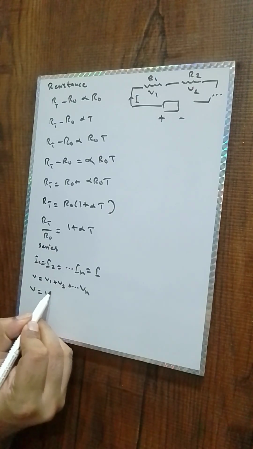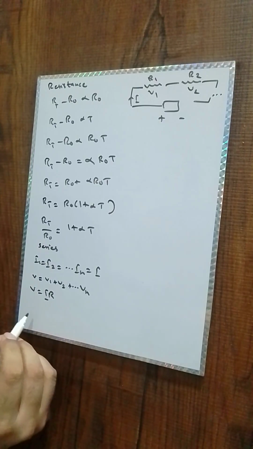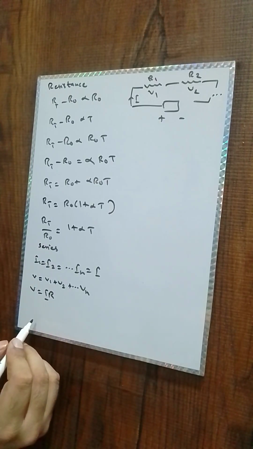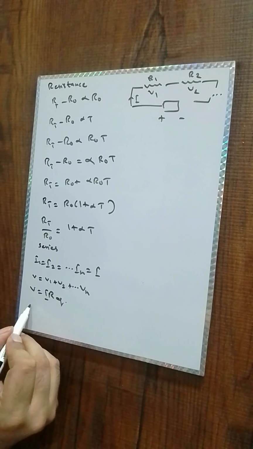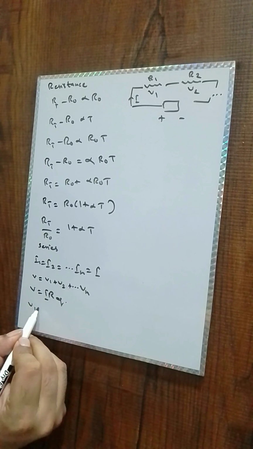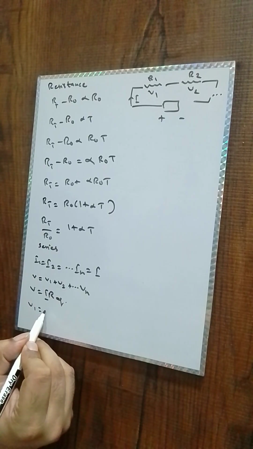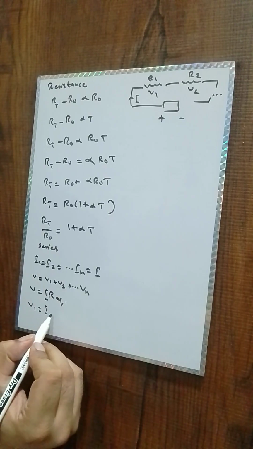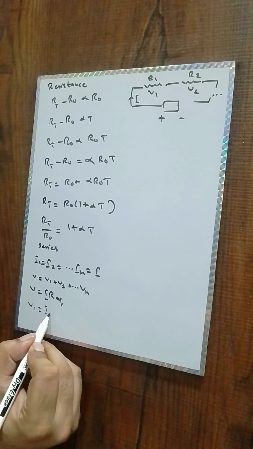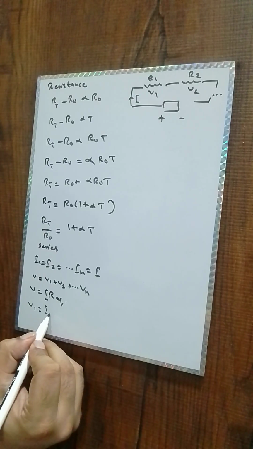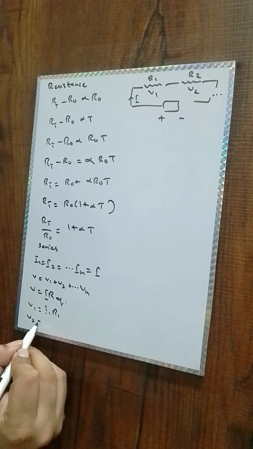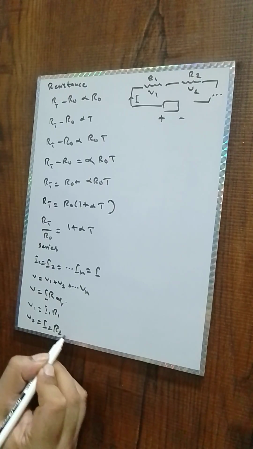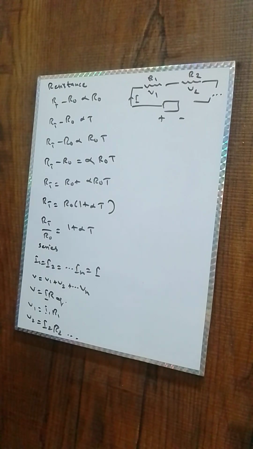And we know that V is equal to I R equivalent, the total one, and V1 is equal to I1 R1, and V2 is equal to I2 R2, and so on.